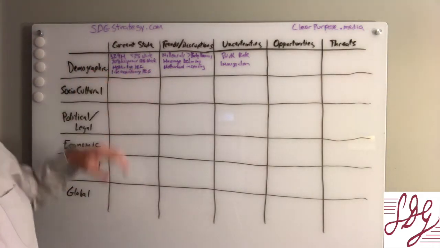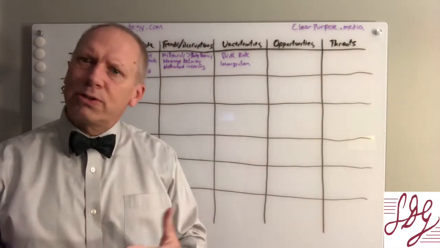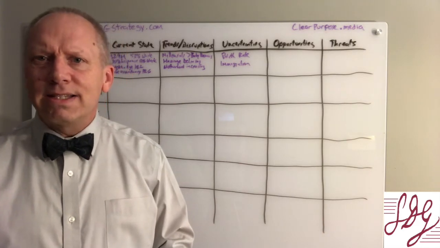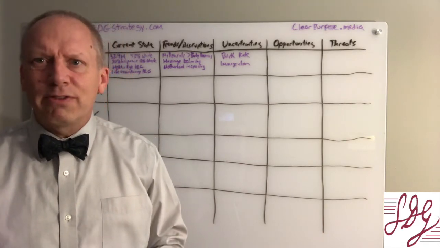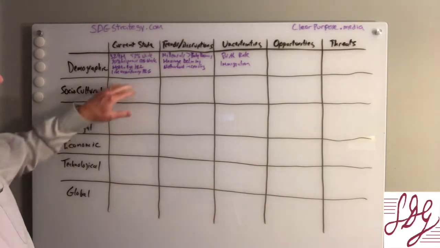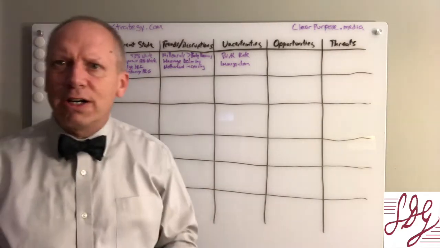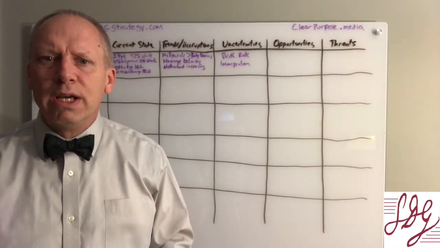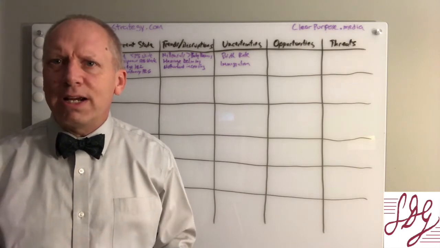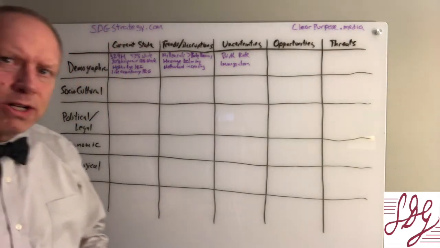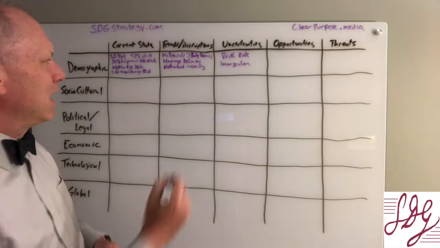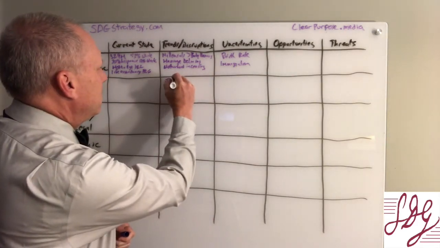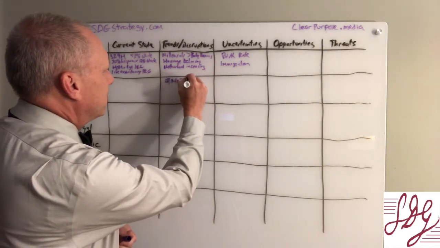And there's a lot of things we could say on sociocultural. Again, this is not an area that's necessarily going to make a big impact for me. It's a little hard in my mind to think about how to characterize the current state of the sociocultural world, but we can look at some trends that are happening. One of the major trends over the last couple of years has been the Me Too movement.